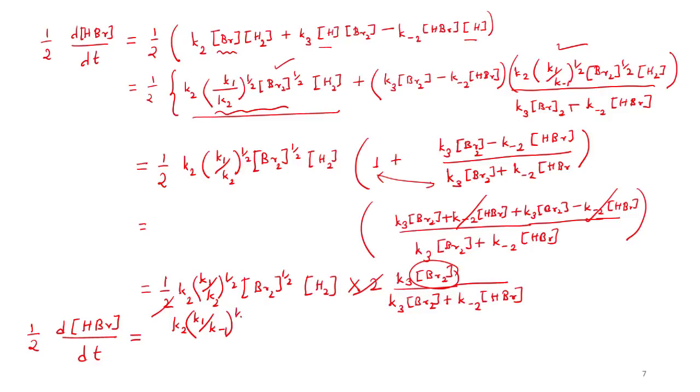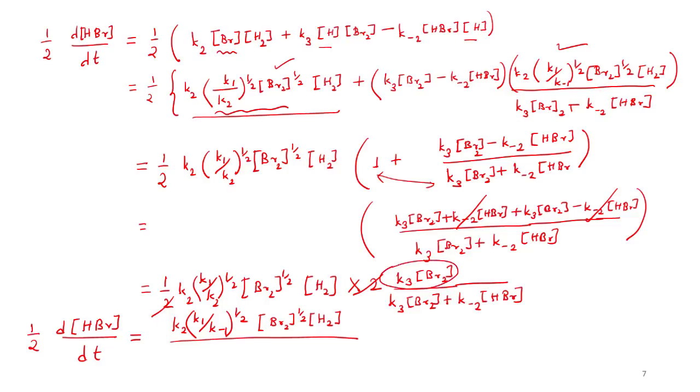Then we have Br2 to the power half, H2, divided by, we are dividing both sides, and there is also a k3. Remember, there is a k3, so we can divide the numerator and denominator by k3 into Br2.